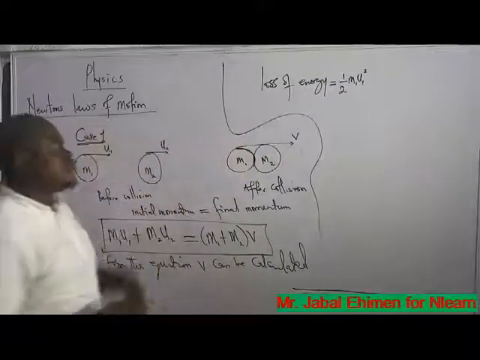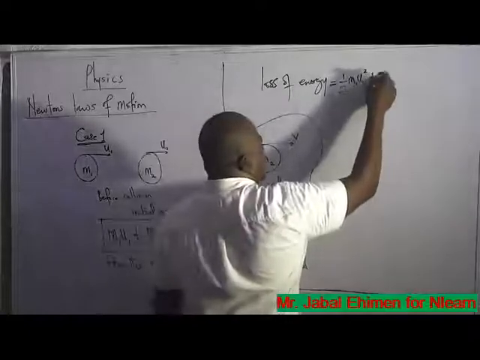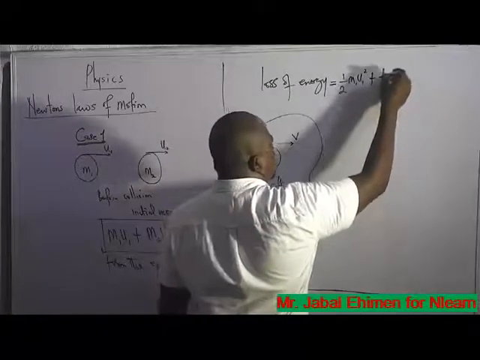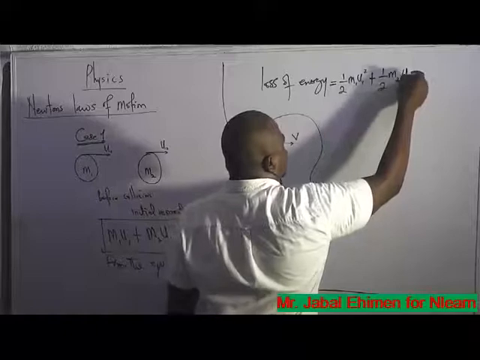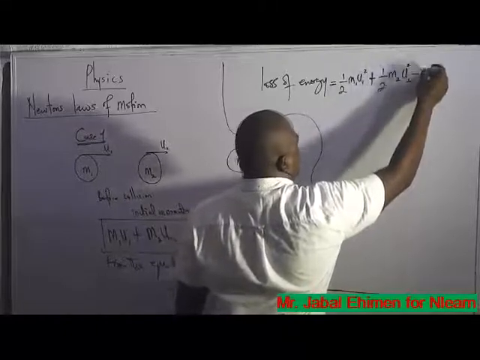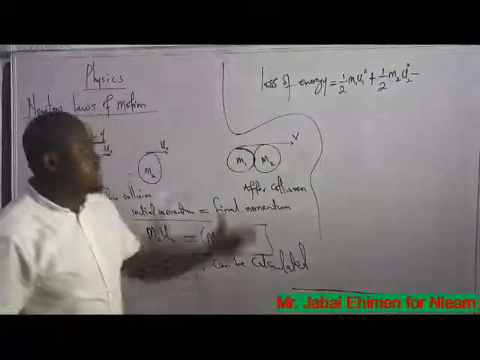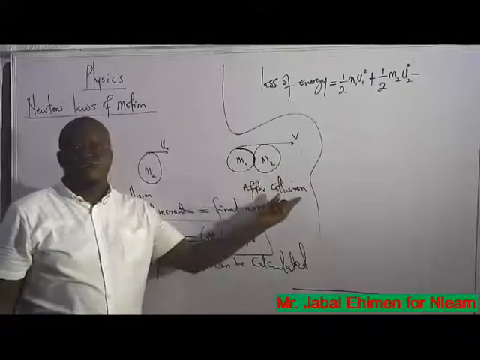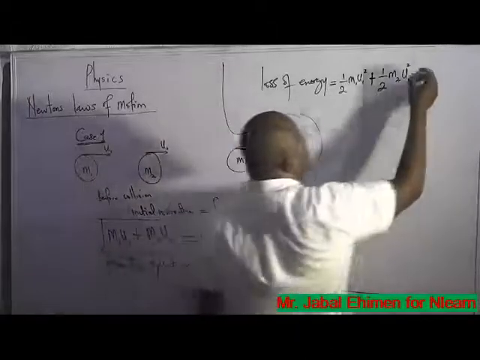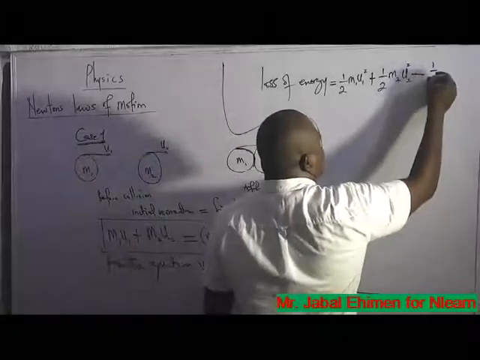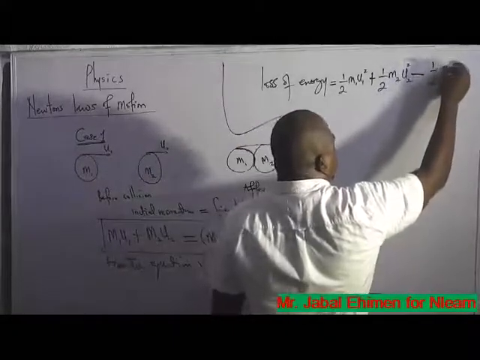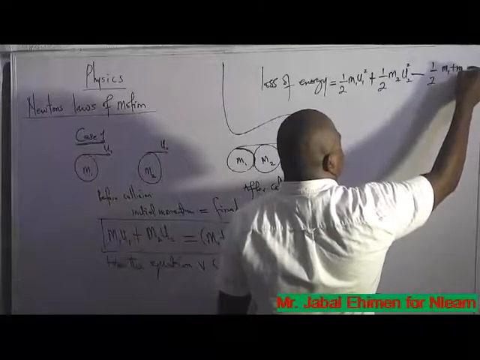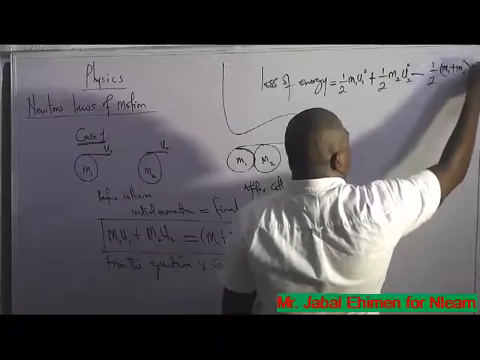This second body also possesses 1 over 2 m2 u2 squared, minus. Then this final system, that's after collision, possesses the energy 1 over 2 m1 plus m2 into bracket v squared.